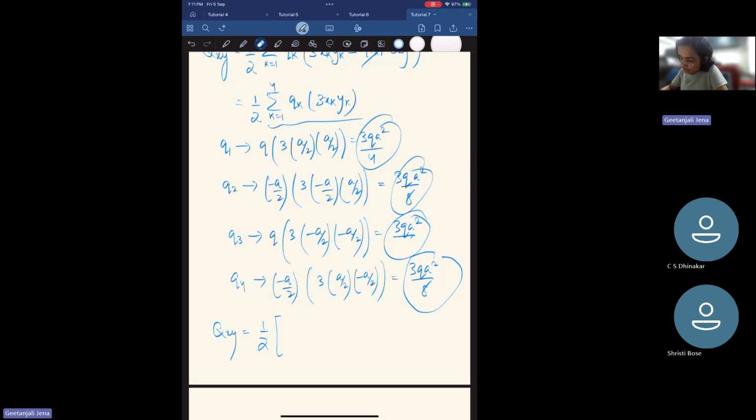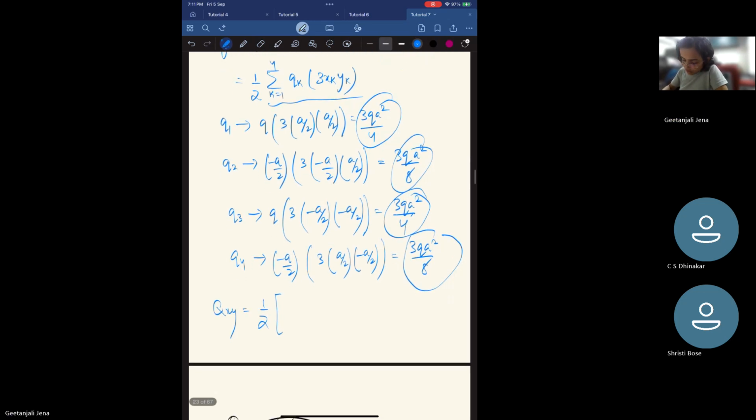I think this one is 4. Yes. So we have q squared by 4 and so this will give 9q squared by 8.